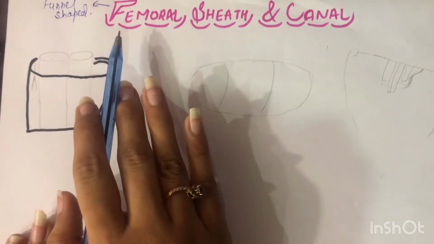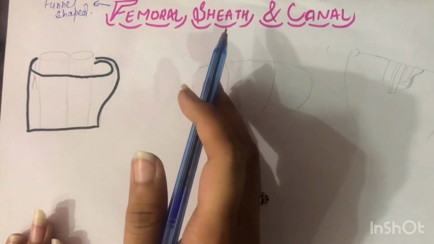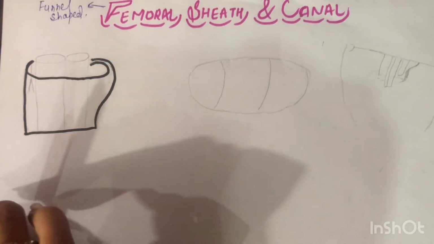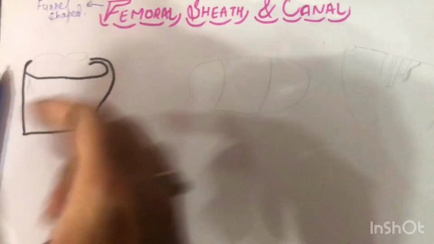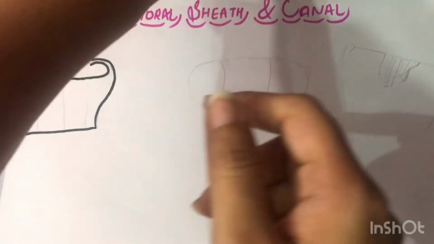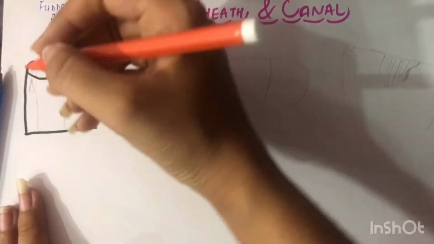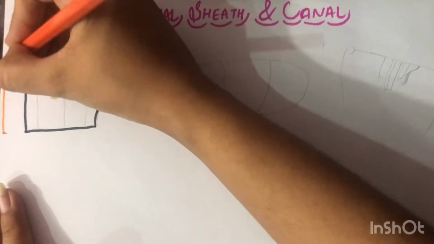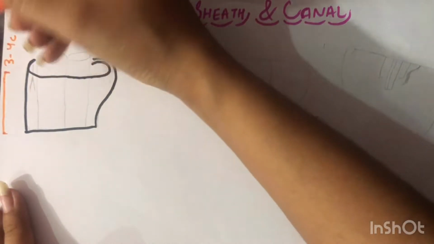So it is a funnel shaped sleeve of fascia, and its length is 3 to 4 centimeter, right?